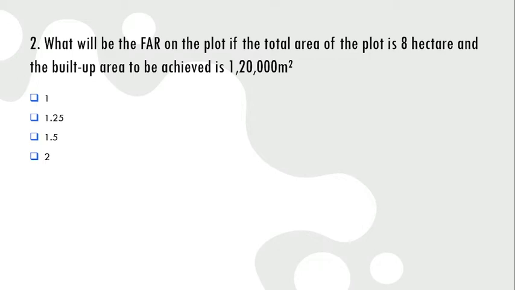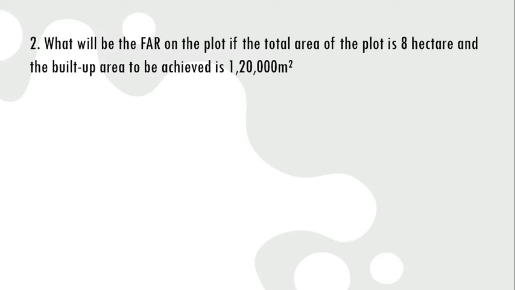So the second question states: what will be the FAR, the floor area ratio, also known as FSI in certain cases, floor space index, on the plot if the total area of the plot is 8 hectares and the built up area to be achieved is 1,20,000 square meters. So you can look at this objectively. Then let us also look at the four different options: 1.25, 1.5.